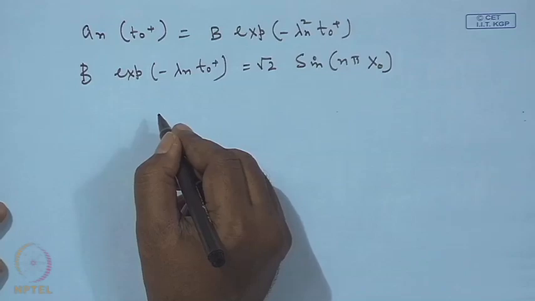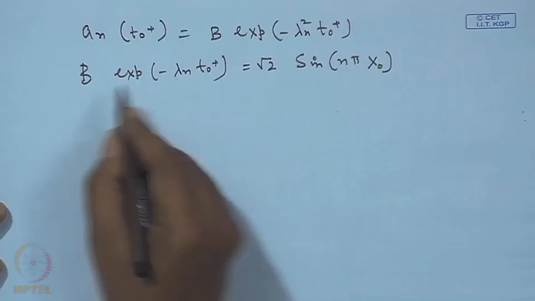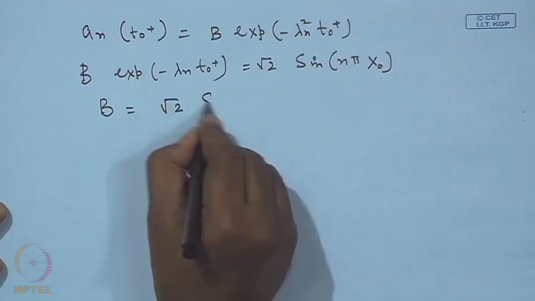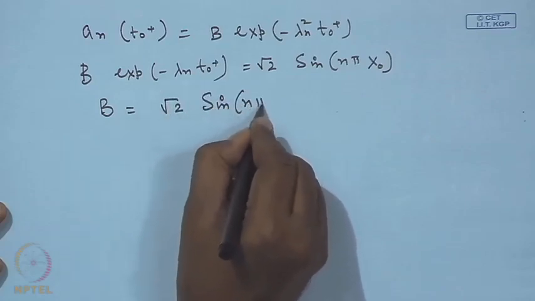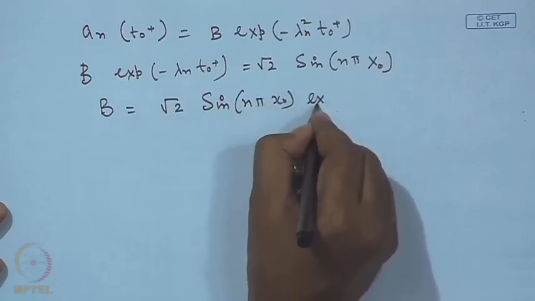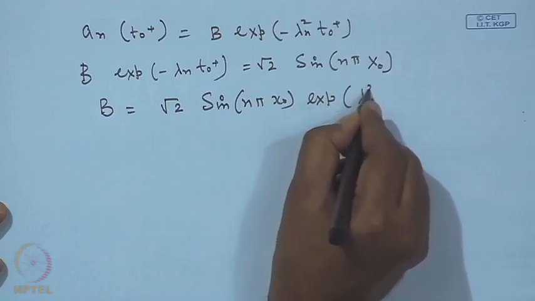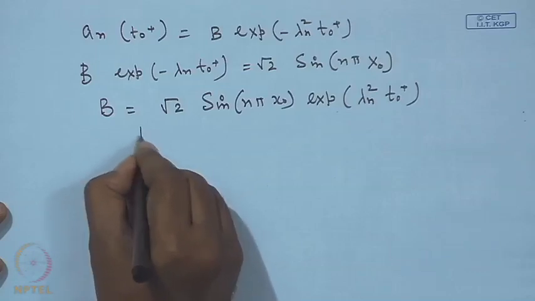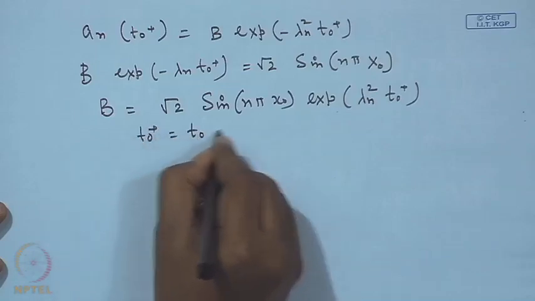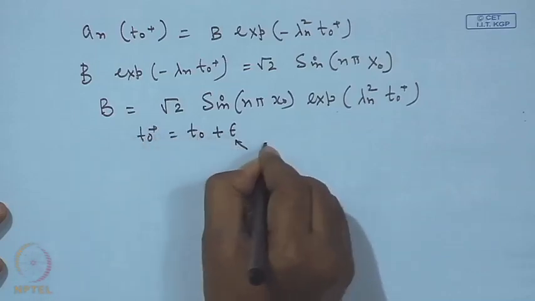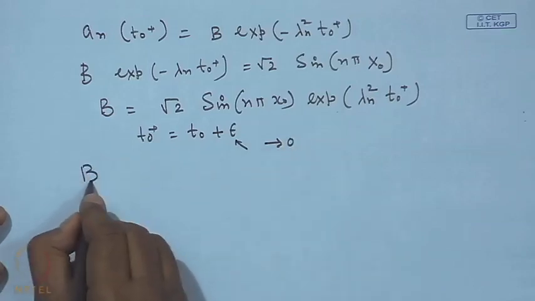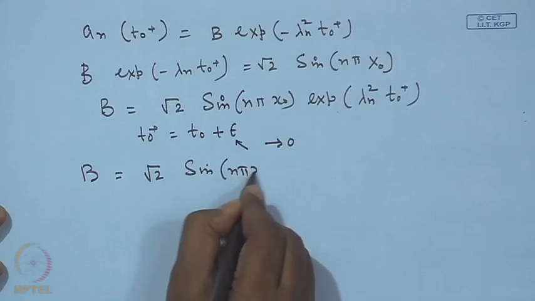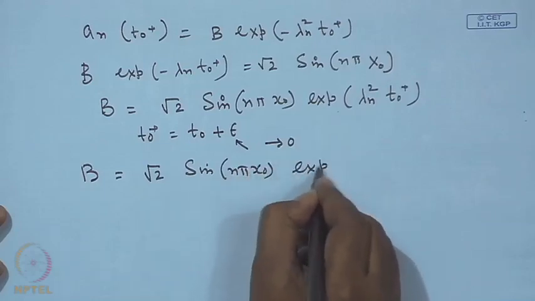So, we equate these two, and we get the constant b now. b will be root over 2 sin n pi x naught exponential lambda n square t 0 plus, and if we put t 0 plus equal to t 0 plus epsilon, where epsilon tends to 0, then b becomes root over 2 sin n pi x naught exponential lambda n square t 0.